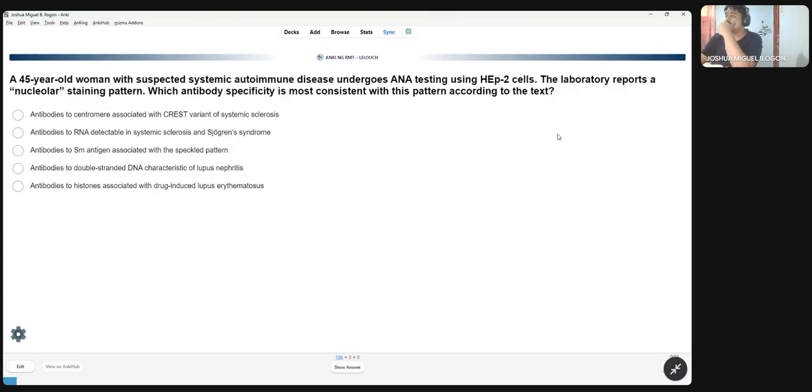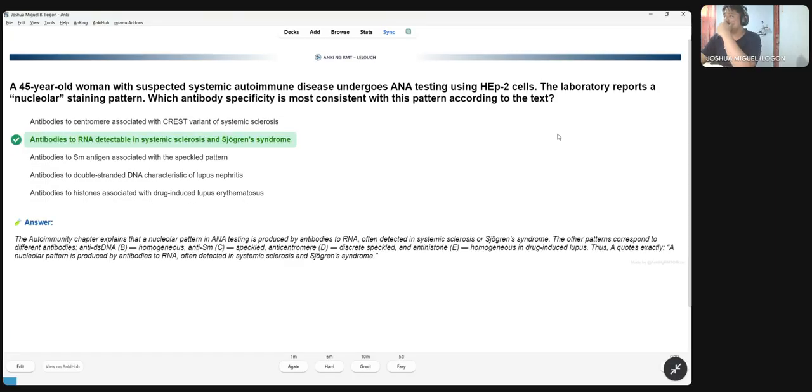Any testing using the cells' molecular staining pattern. Okay, don't know this. Oh, Sjogren syndrome. Why is this not in the fifth ed, bro? So Sjogren syndrome.